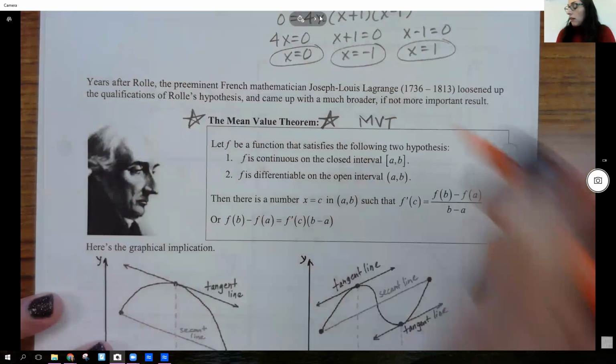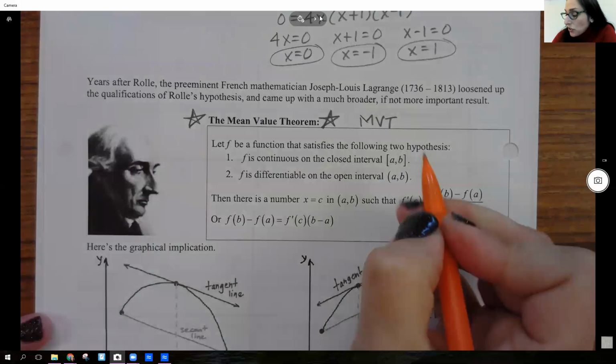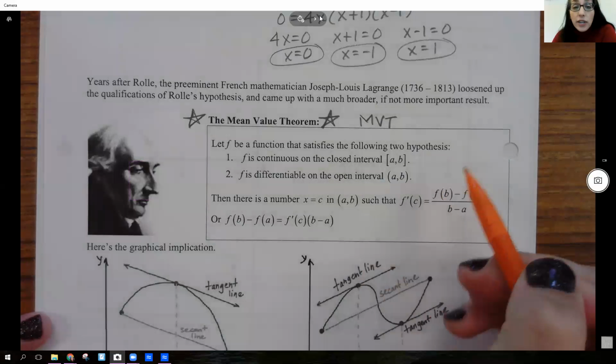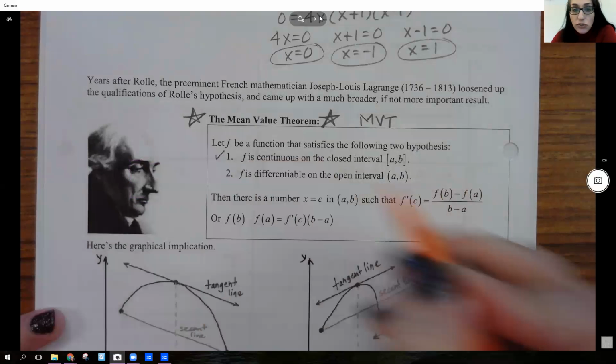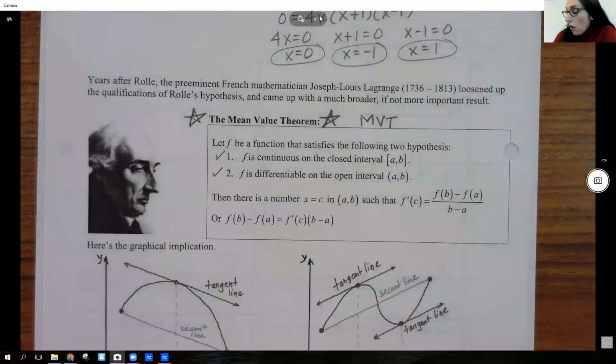Okay, so it starts out with the same idea as Rolle, only not quite as picky as Rolle. The only criteria that has to be set is that f has to be continuous on the closed interval and f has to be differentiable on the open interval. Okay, that's the only two things that you have to satisfy with mean value theorem.